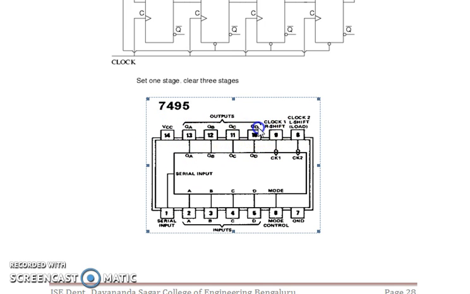QD is the output of the last flip-flop. That should be taken and given as the input to the first flip-flop. Since the rest of the circuit is like a serial in shift register, we should give the connection to the serial input, not to the parallel inputs.